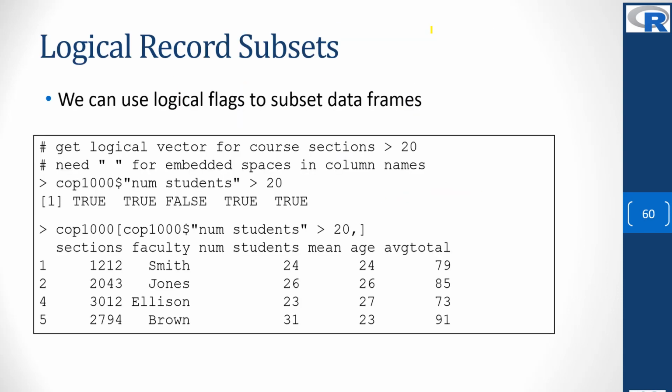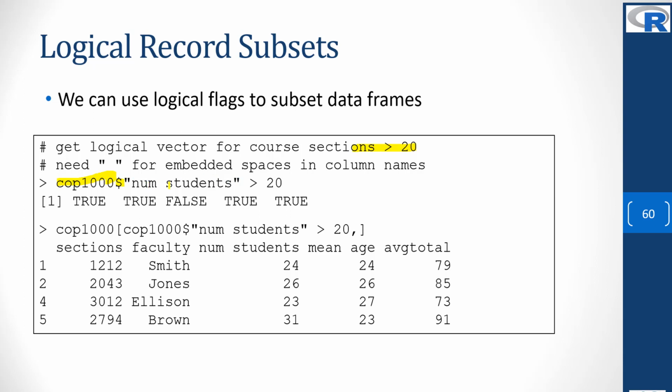Now, one thing we can do with our data frames, as we did with our arrays and our matrices, is we can do logical subsetting. As an example, let's find all the course sections that have more than 20 students. The notation we can use here, using the $ sign notation with a COP1000 data frame, we can use the $ sign notation and specify the column name where we want to apply this expression.